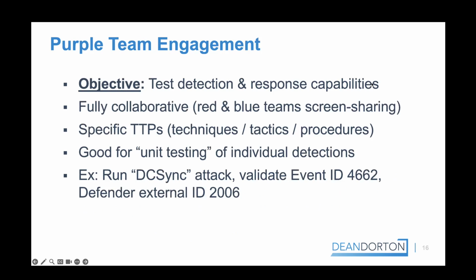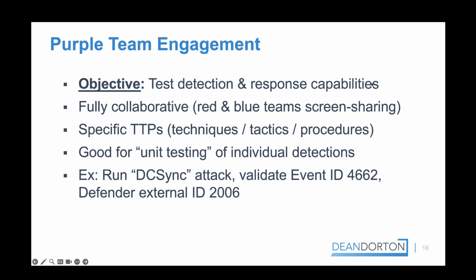Similarly, there's a category of purple team engagement. Same objective. We're trying to test our detection and response capabilities. But rather than simulating a full attack chain, we're going to get the red team, the attackers, and the blue team, the defenders, in the same room, looking at the same screens at the same time. And we're going to test individual techniques, tactics, and procedures.